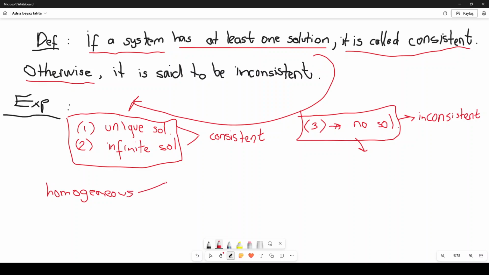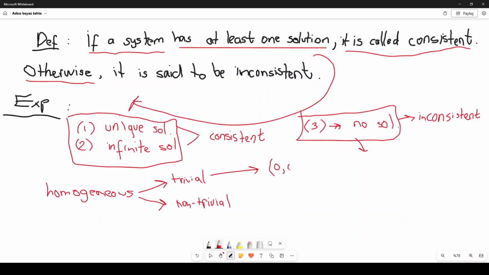Why? Because we are ensured that we have two possibilities: the trivial solution case and the non-trivial solution case. In the trivial solution case, we have at least one solution that satisfies all equations at the same time. What is that? Suppose we have n unknowns.